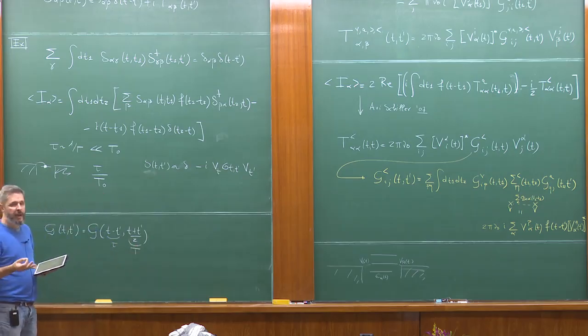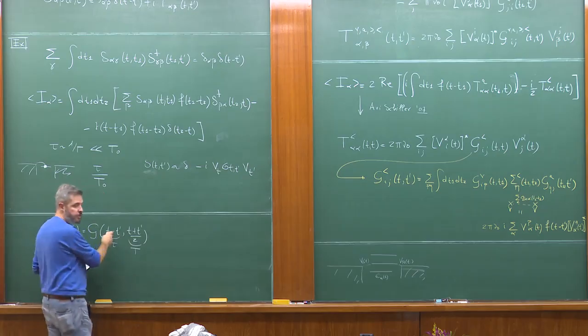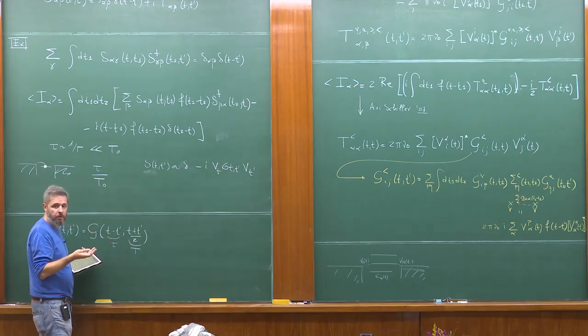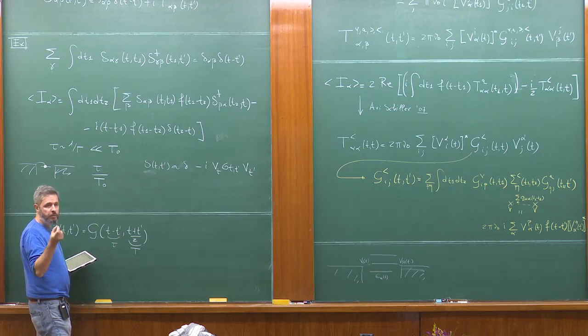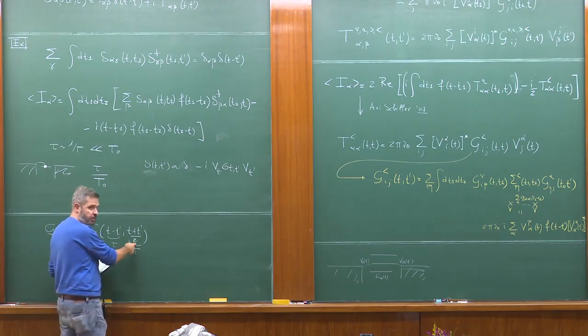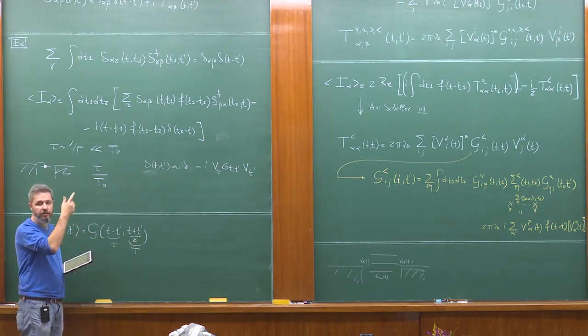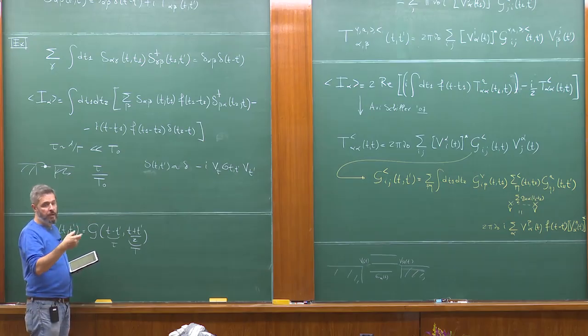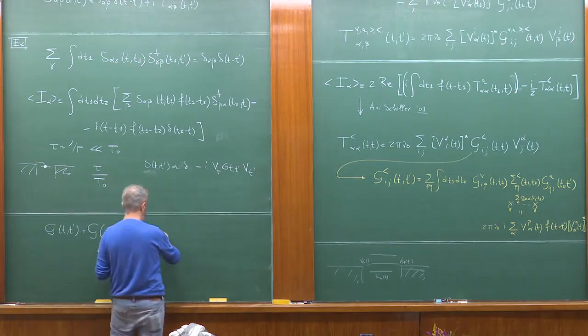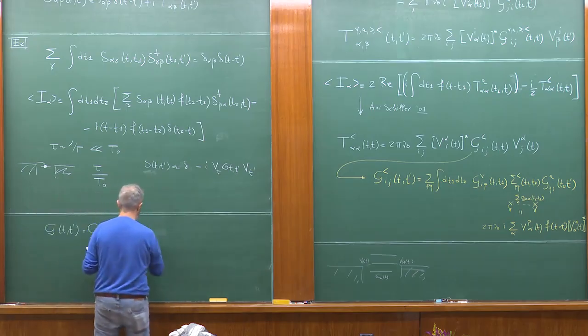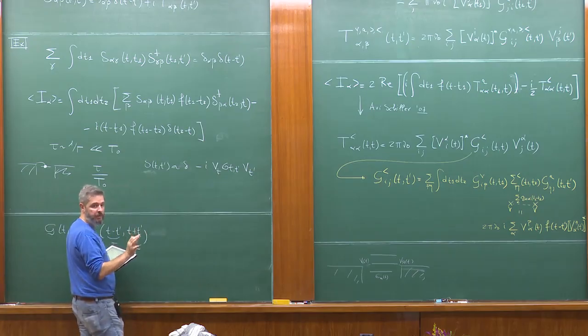Well, you can expect that the dependence of this function of tau on tau is going to be controlled by 1 over gamma, and the dependence on t is going to be controlled by t naught. Why? Because, well, think about it. Look at the expression. Imagine that it was time independent.